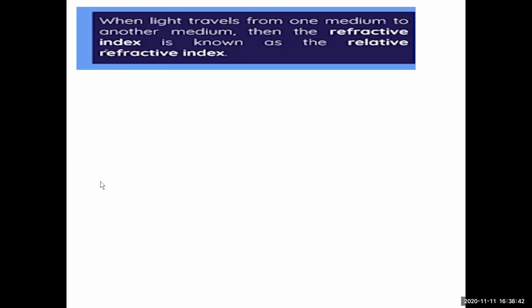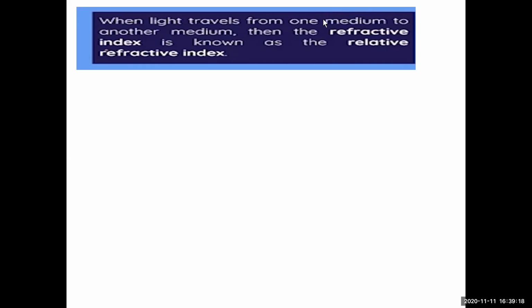Now, the other refractive index we are going to study now is the relative refractive index. What is this relative refractive index? Relative means there are two quantities which are in relation. When the light ray travels from one medium to another medium, then the refractive index is known as relative refractive index. Now we have seen that when the light ray travels from vacuum to the other medium, it is called the absolute refractive index.